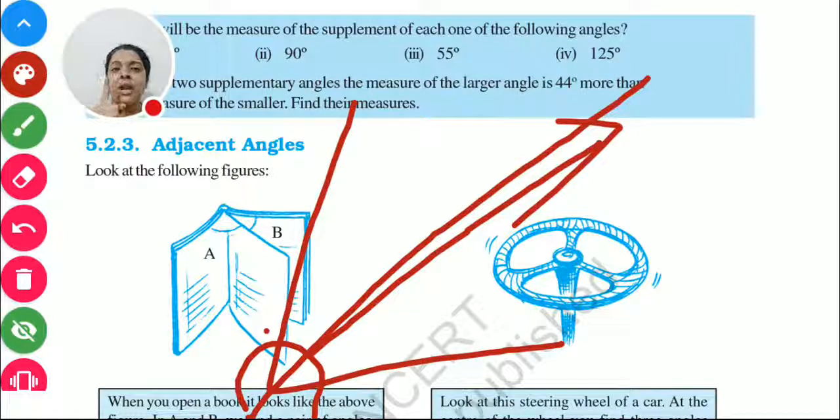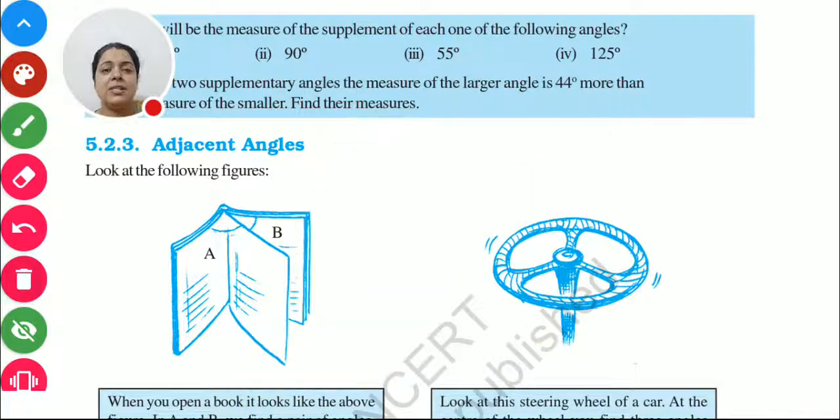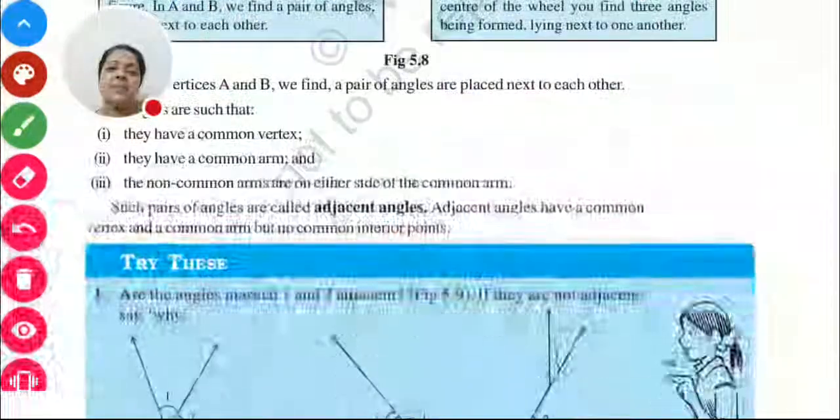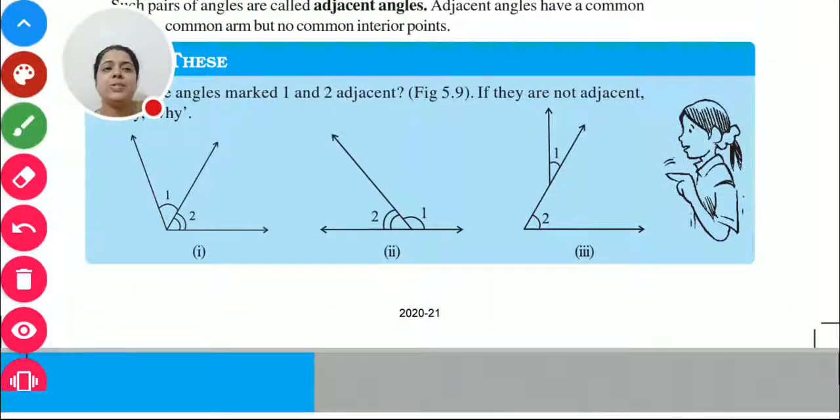It has one ray or one arm, and along with that one vertex in common. Let's find out some examples. The angles which have two things common, one is the vertex, another is the arm, are called adjacent angles.